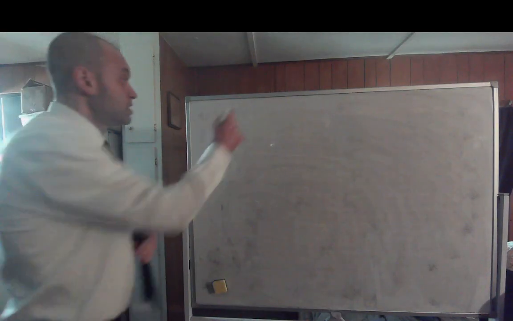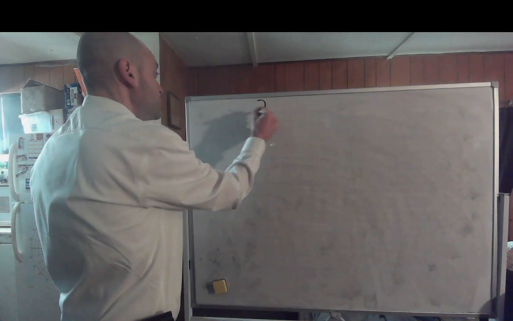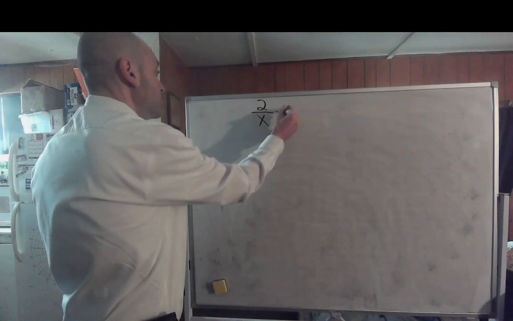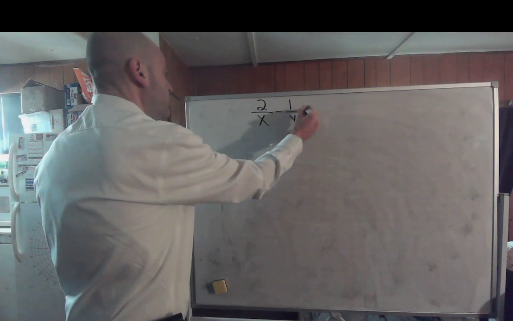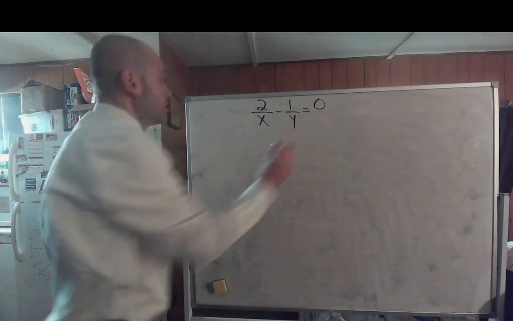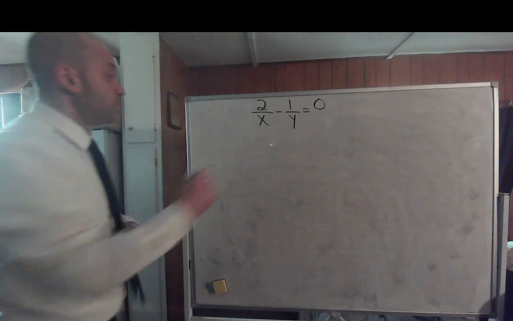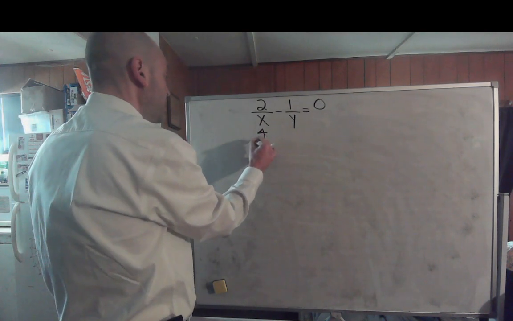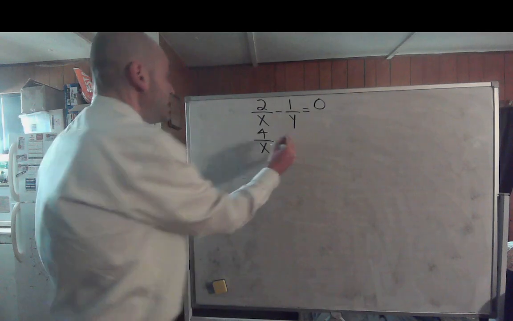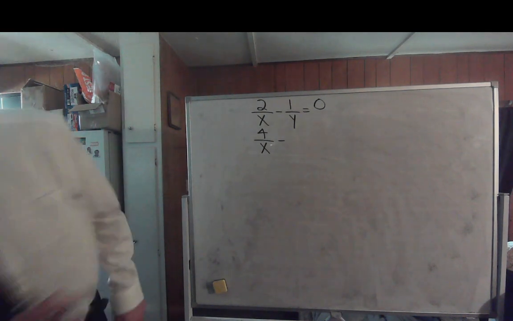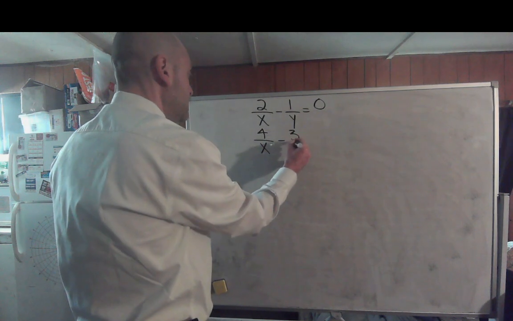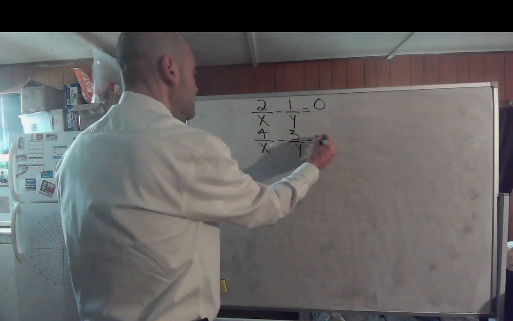All right. So we have 2 divided by x minus 1 divided by y is equal to 0. Then we got 4 over x minus 3 divided by y equals negative 1.